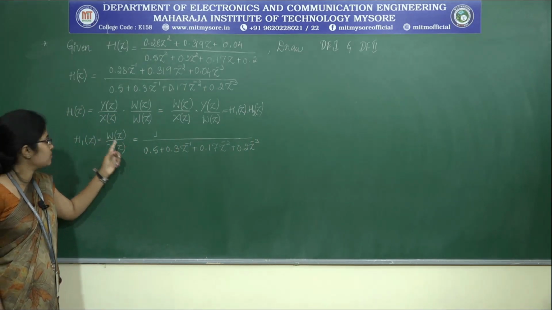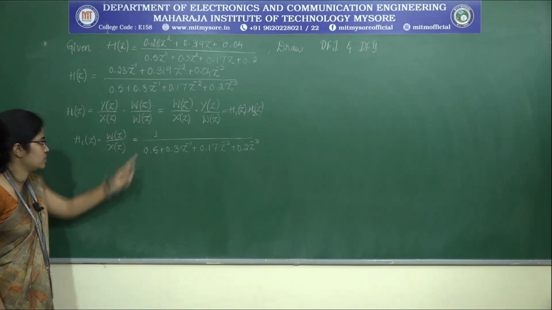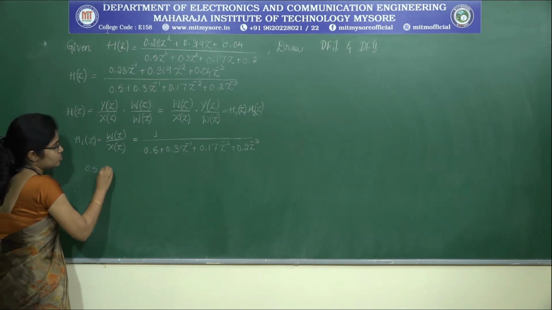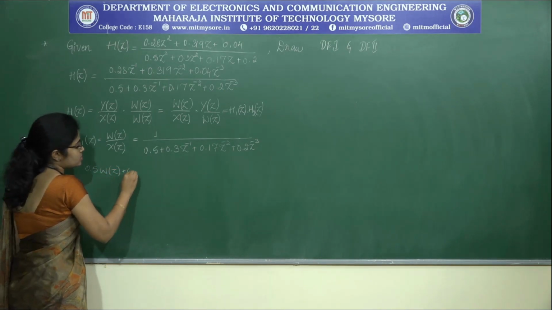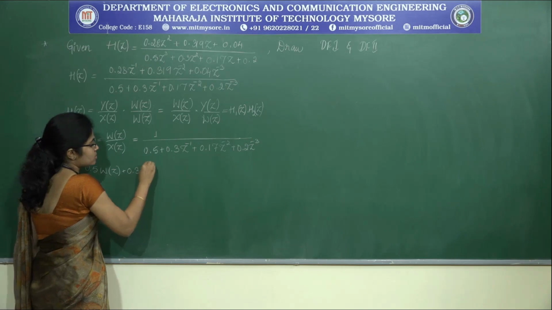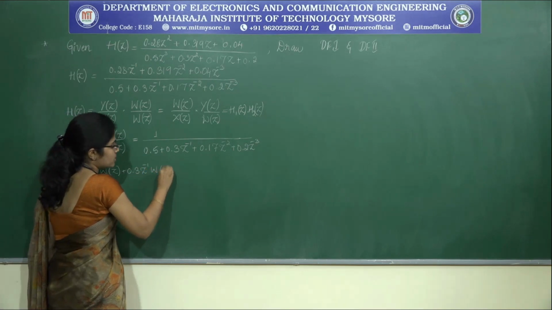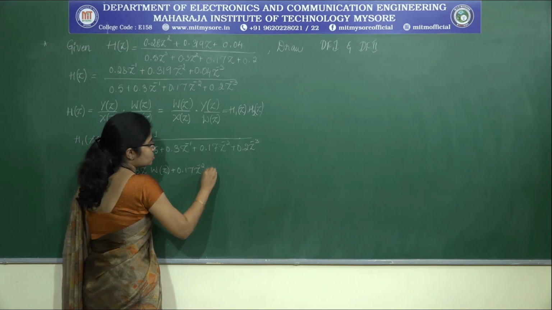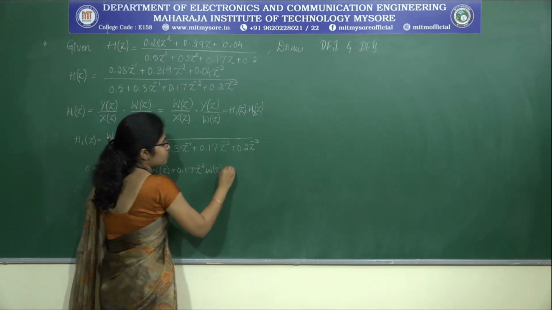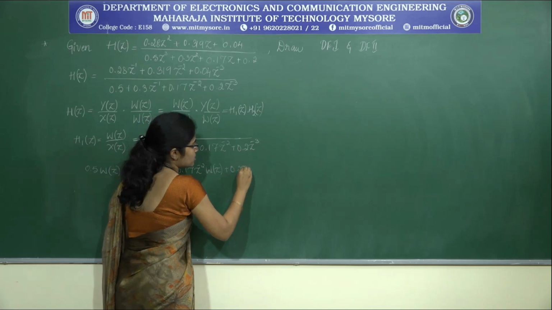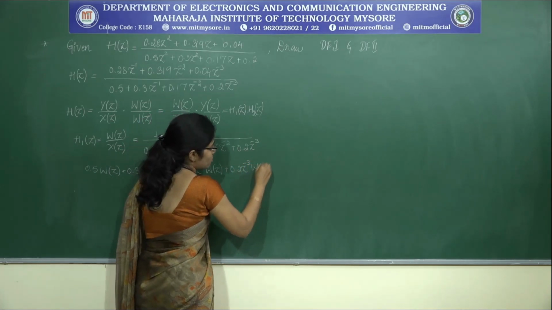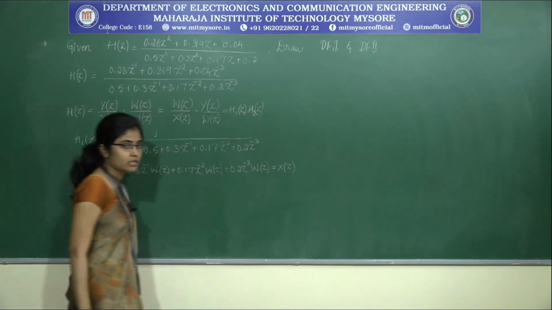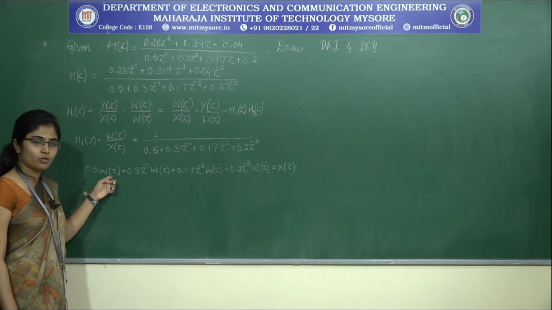So, let us cross multiply this with 1. If I write the expression, it is 0.5 into W of z plus 0.3 into z inverse into W of z plus 0.17 into z power minus 2 into W of z plus 0.2 into z power minus 3 into W of z, which is equal to X of z, correct. Now, I want only the expression for W of z.